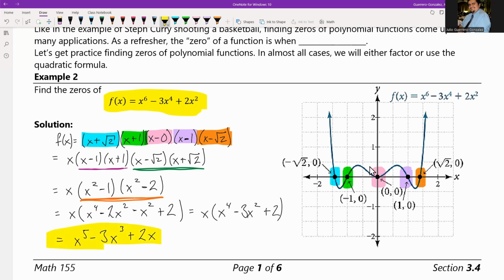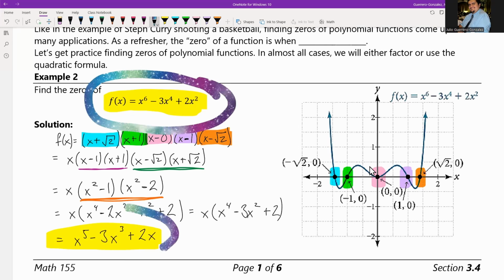Bam. Yes? Now, what I want everybody to notice really quick, now that we're here, is this. It is not the original. The coefficients, the numbers that are up front on each term, do match up, but the powers don't.